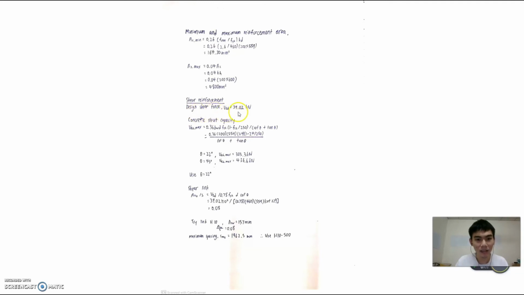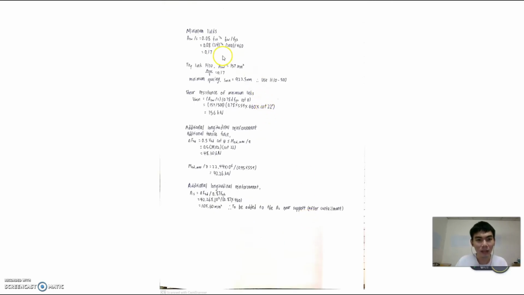This is the design shear force. After that, we get the shear link. So this is the ratio of shear link area per spacing, which is 0.08. So here is the maximum spacing, and we use H10 500, and this is the minimum links.